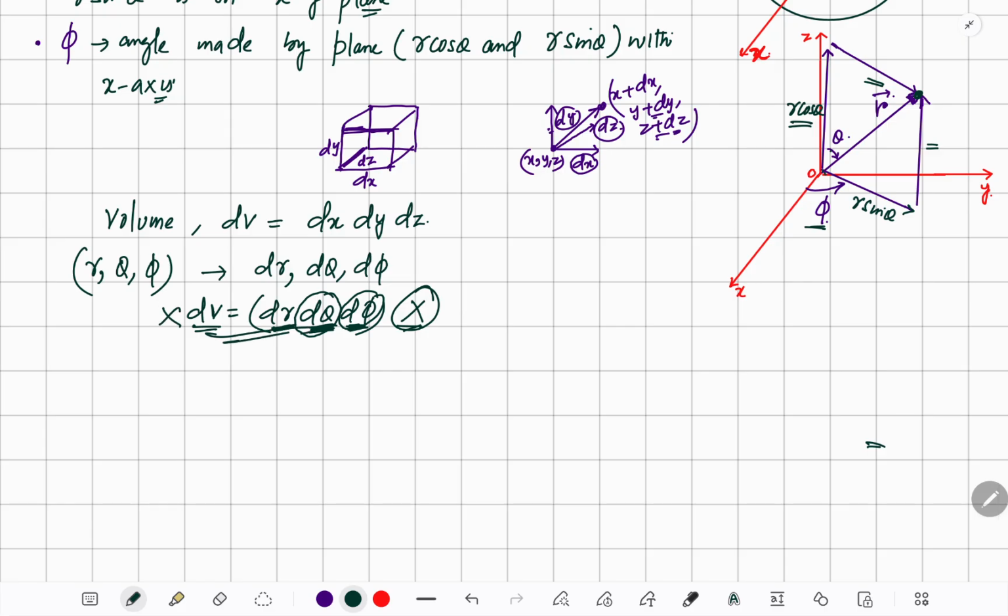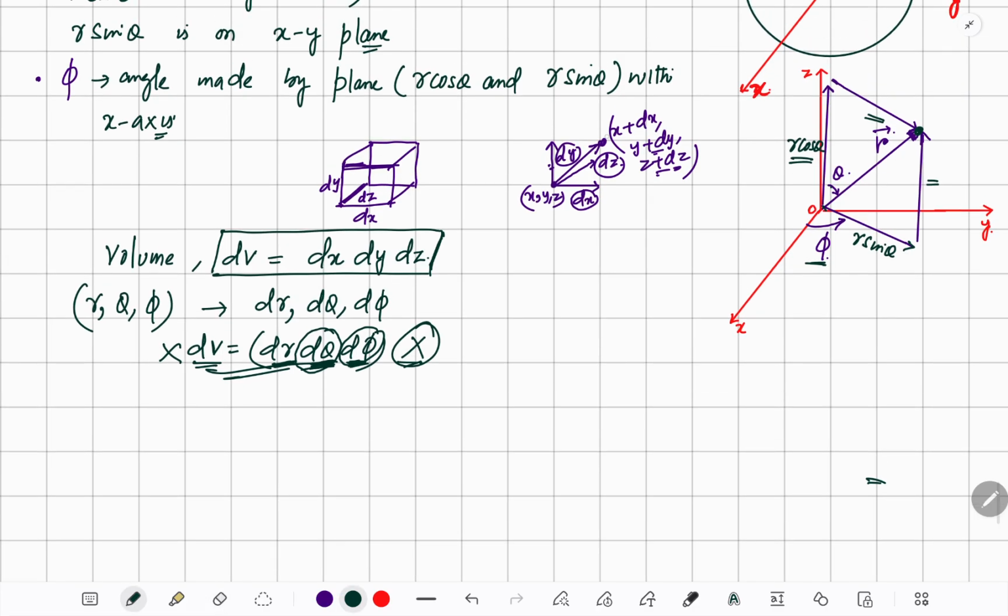So this doesn't work. If in the Cartesian coordinate system we have dV as dx dy dz, we must now find the dV element in the case of the spherical polar coordinate system. For that, I'll explain a small concept. If you are in the Cartesian coordinate system, you have some coordinates x, y, and z.